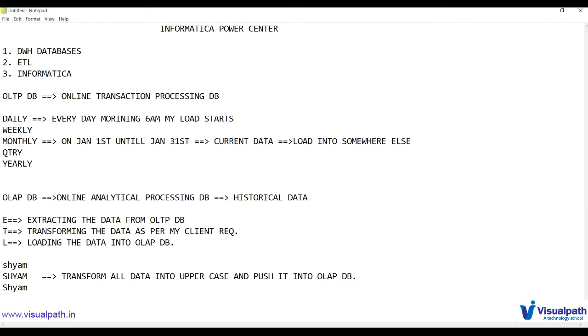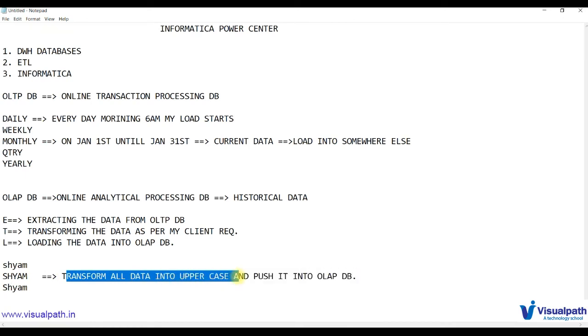This is the instruction given by my client. So I'll apply logic such that whatever the format of my data, it is converted into uppercase and finally loaded into my OLAP database. That is loading, and this is your transforming of data.